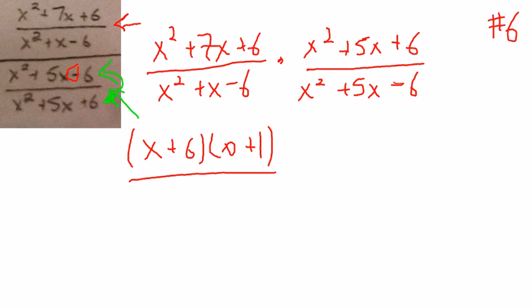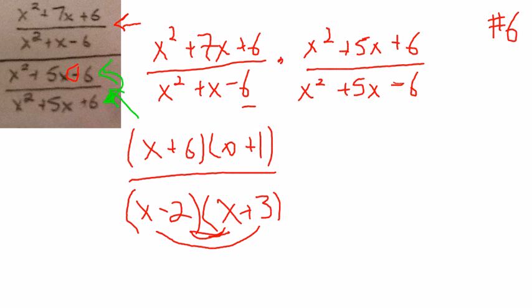Underneath it, we get x minus 2 times x plus 3. The -2 and the 3 give me the 6 negative, and then the 2x negative right there adds with the 3x right there to give me that.